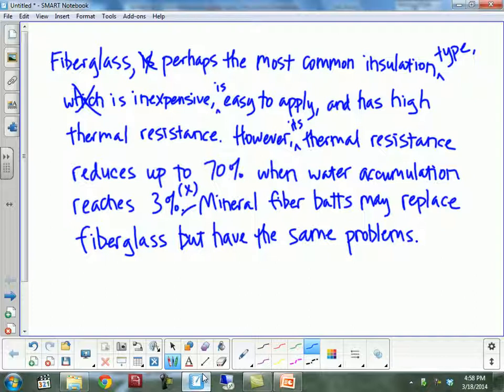We could say that instead of "and has high thermal resistance," we could just remove that and say highly thermal resistant. Instead of "and has," highly thermal resistant. So if we do that, then we take this out. Is inexpensive, easy to apply. Highly thermal resistant.